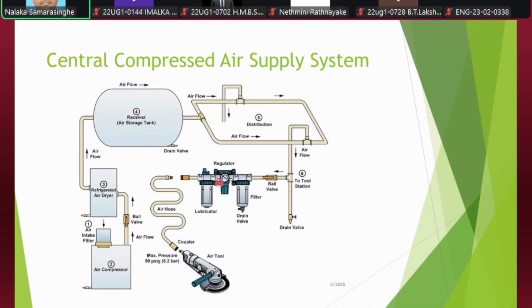For certain use cases we will require less pressure, so you have to adjust the regulator accordingly to get the desired pressure. And there's a lubricator also here, which will supply some lubricant into the compressed air.